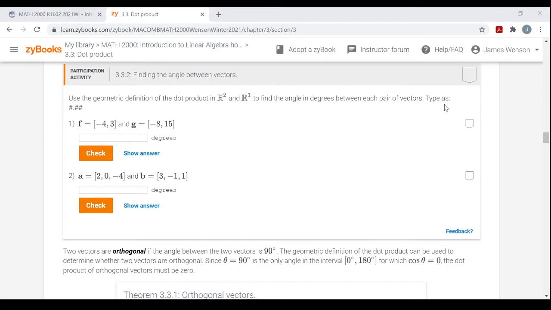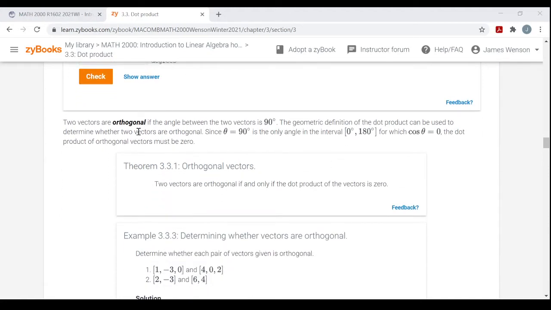Now notice how they want you to type them. It says type as number, point, number, number. So it looks like they want you to round to the nearest hundredth, 2 decimal places like I was doing, and enter your answer in your spaces. So I'll leave those to you.